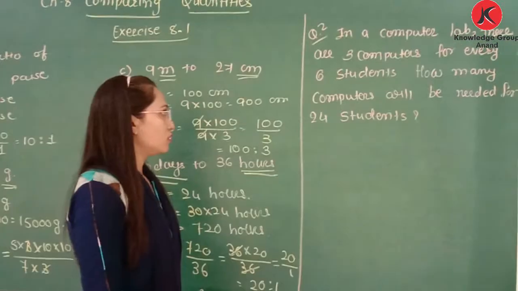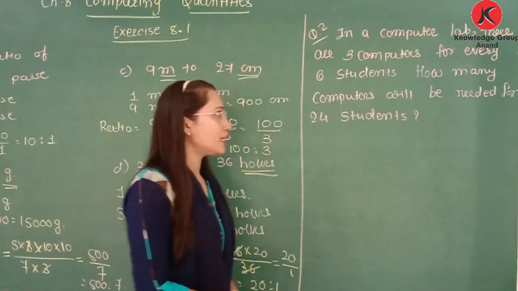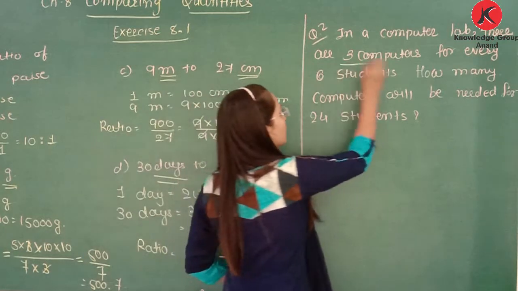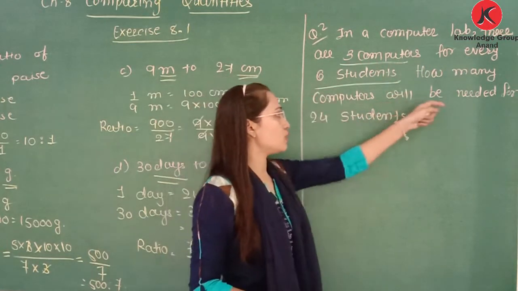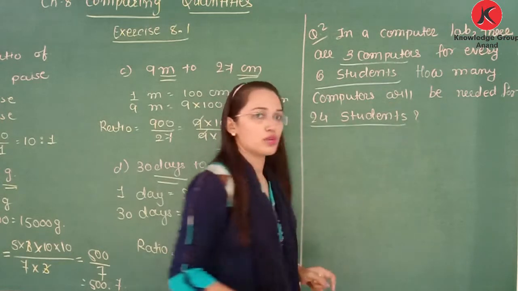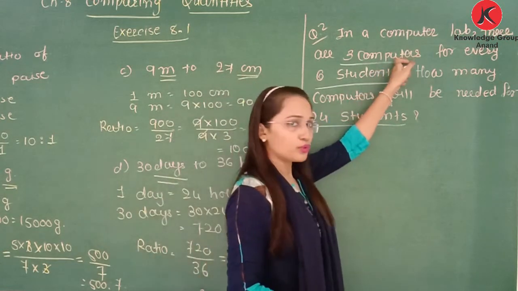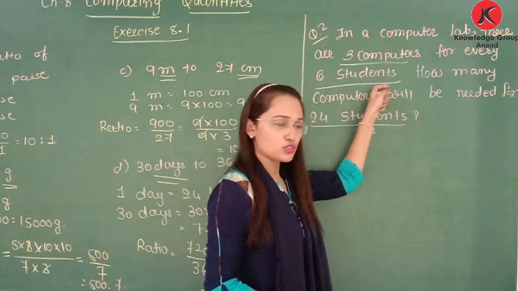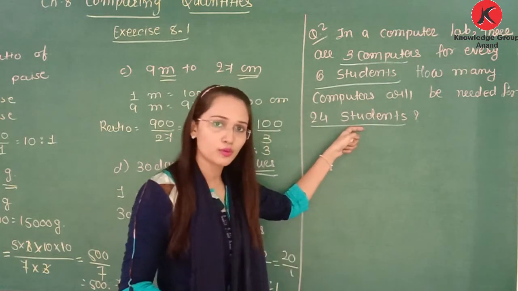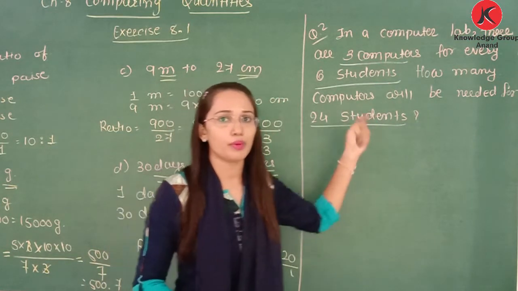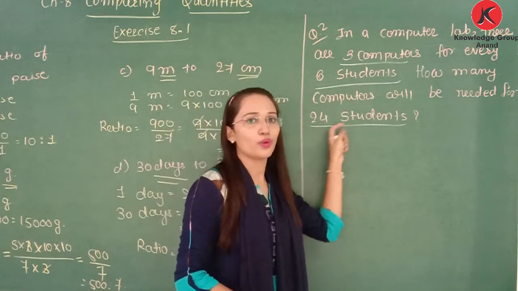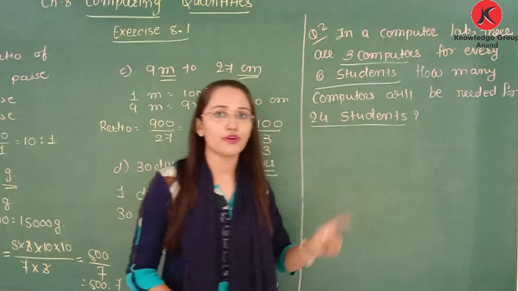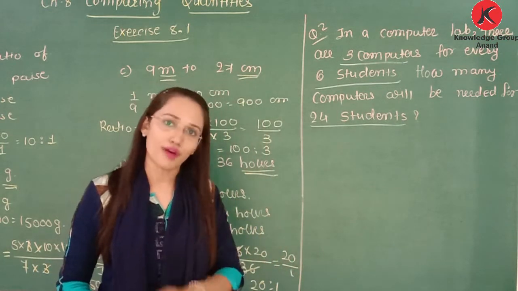Clear? Now next one. In a computer lab, there are 3 computers for every 6 students. How many computers will be needed for 24 students? 3 computers are for 6 students, so you need to find for 24 students. Here you can solve this example by the unitary method. We need to find computers for 24 students. So we can find first for 1 student.